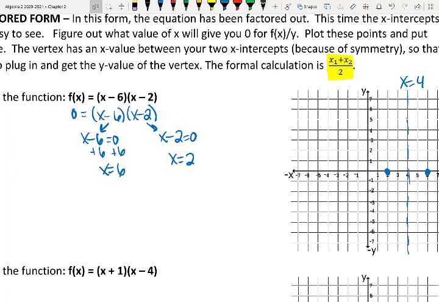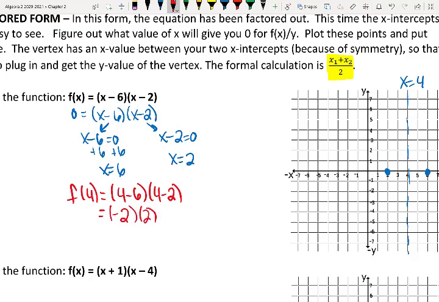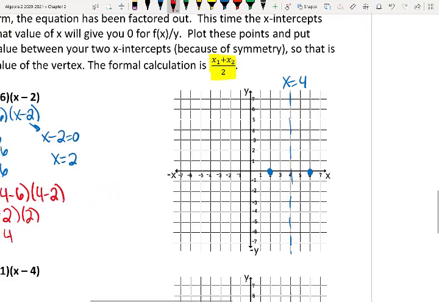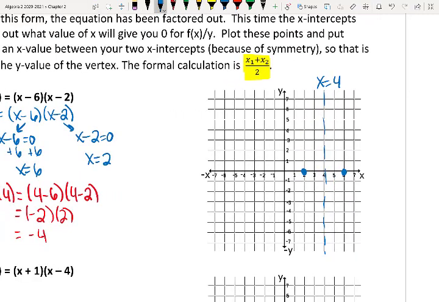If I plugged in 4 for my equation, f of 4 equals 4 minus 6 times 4 minus 2. That gives me negative 2 times positive 2. So negative 4 is the y value for my vertex. So I'm going to go back over here. Negative 4 is the y value for my vertex.